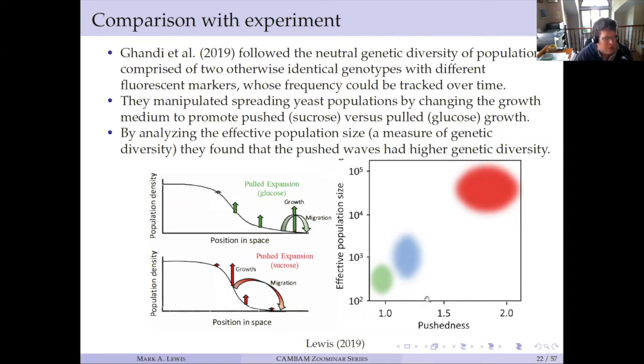And so the population that is pushed more has higher diversity, and the one that's pulled has the lower diversity. So again, this was an experiment that was driven exactly by the mathematical theory and other computational verifications of that theory. And it's a beautiful example of how they can do these experiments in a replicable way.